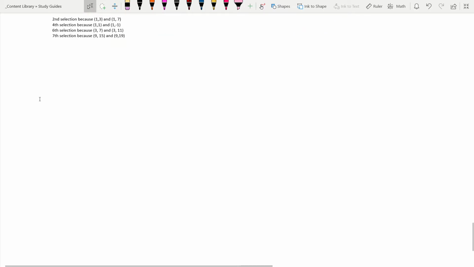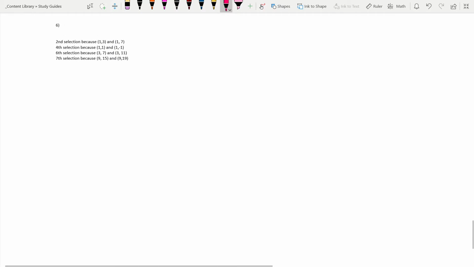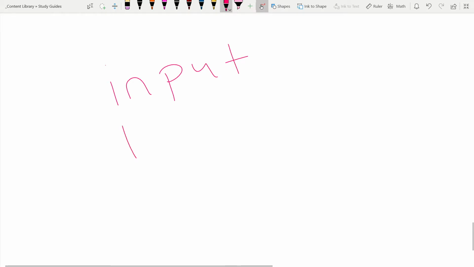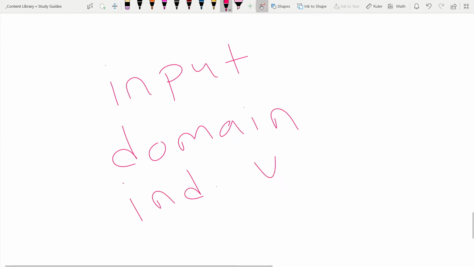So the next one says 7, what are the things we use for the variable x? Remember, x's are what go in the problem. So we go with input, domain, and then our independent variable.